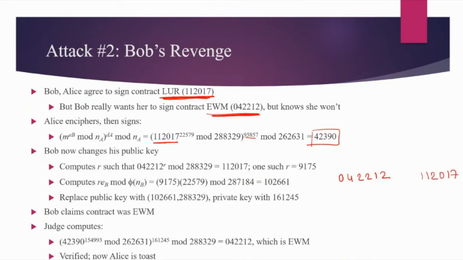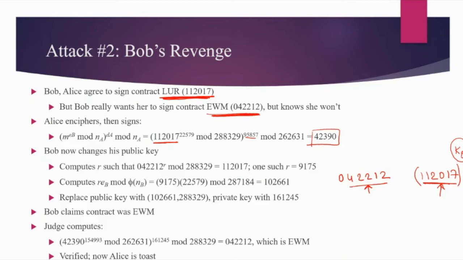While signing, the public and private keys of Bob are involved, right? The key pair of Bob is involved. Now Bob will somehow find a correlation between the message that he wants Alice to sign and the message which Alice actually signed, and accordingly make changes in his public and private key pair. Are you getting the idea?